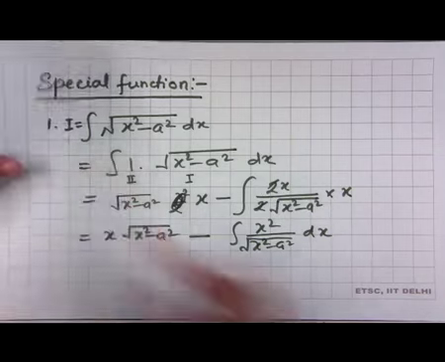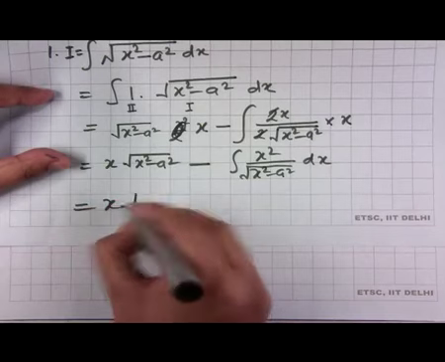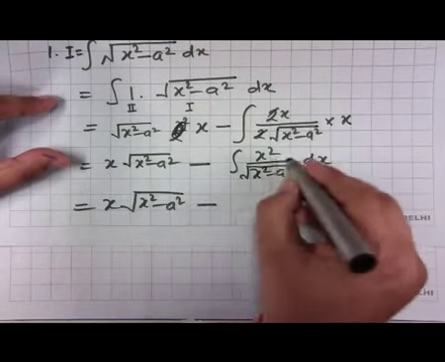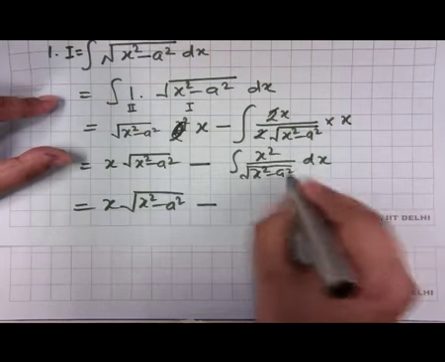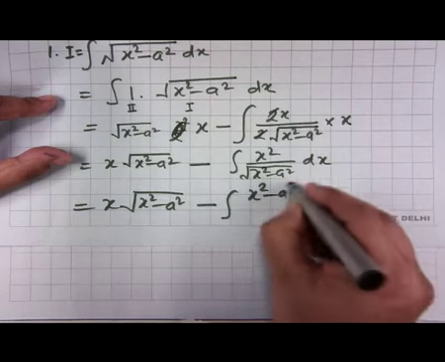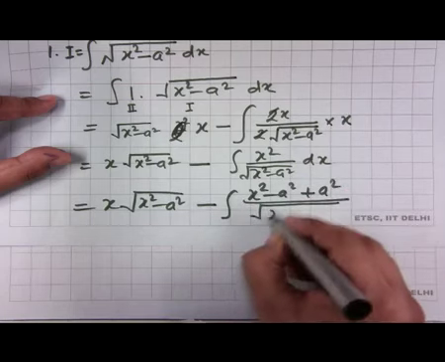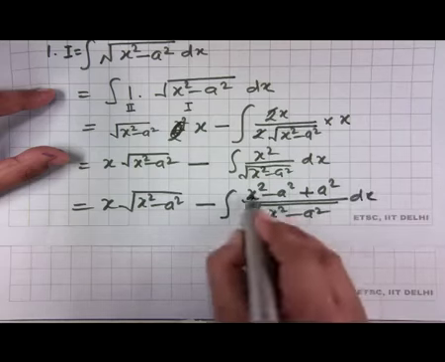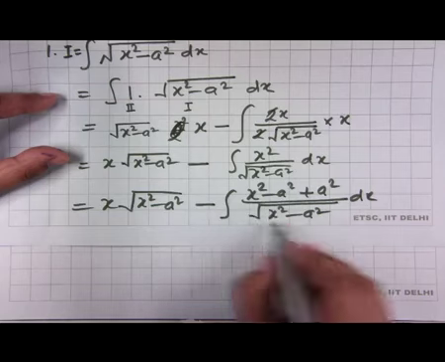Further, if we look at it, we can simplify. You keep on writing the first term as it is, minus. If I add and subtract a square here, then I can get a factor out of it. So, I will write x square minus a square plus a square divided by square root of x square minus a square dx. Easily you can see x square minus a square here can be divided by square root of x square minus a square.